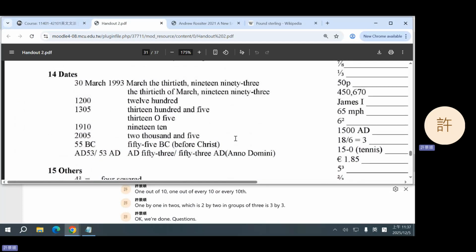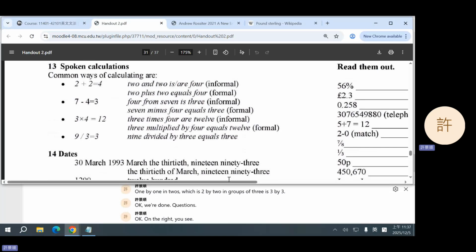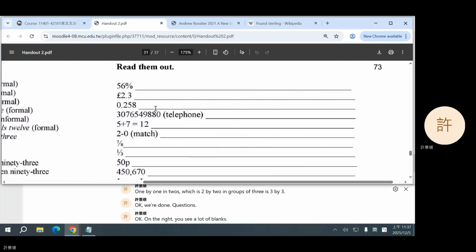Okay, on the right, you see a lot of blanks. The question is, how do you read these numbers? The first one. How do you read this? 56%. Close.